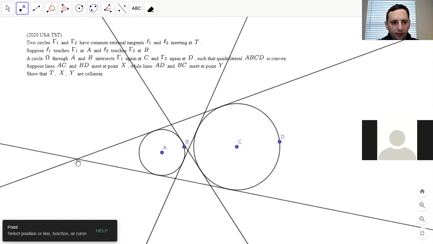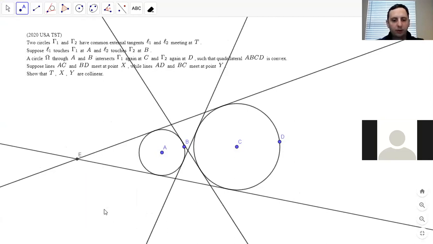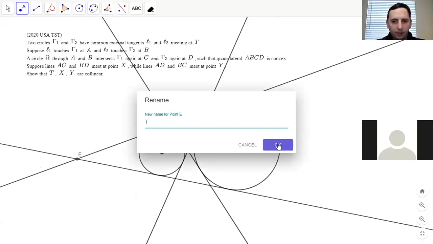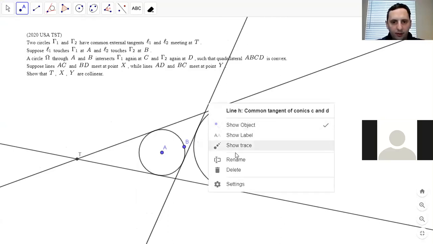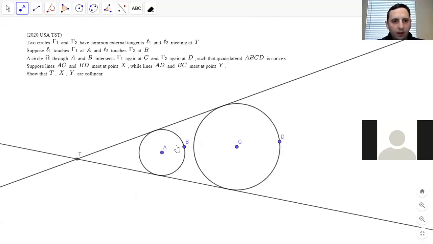I'm going to hide the internal tangents in just a second and make everything look nicer. We need to rename a couple things. So we'll call this one gamma 1.